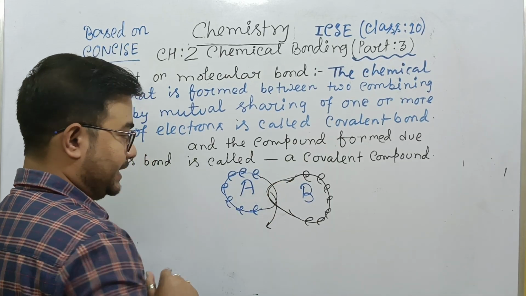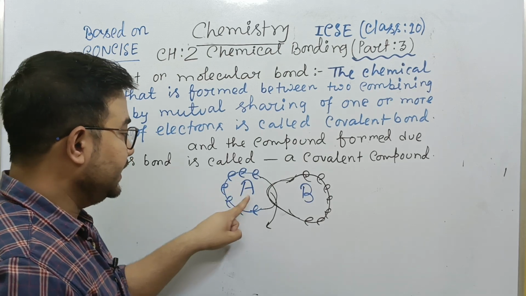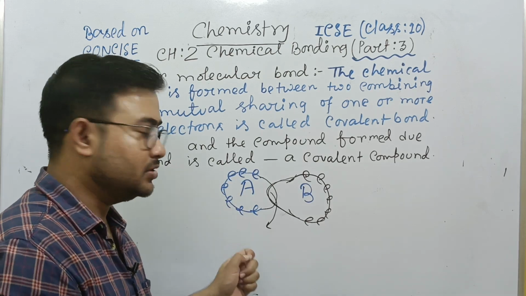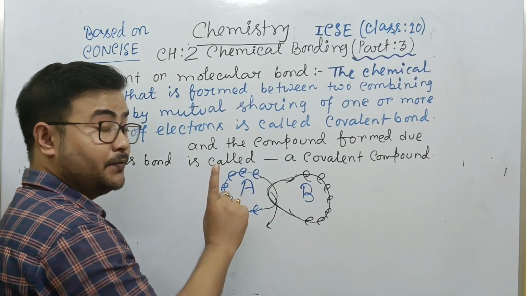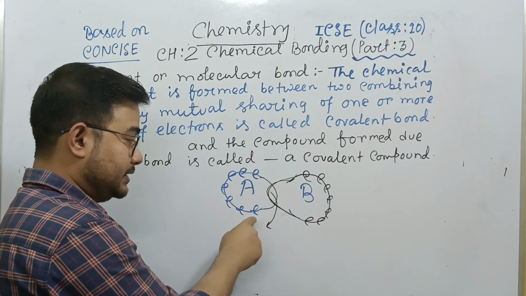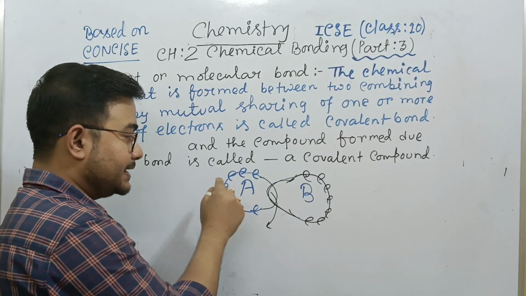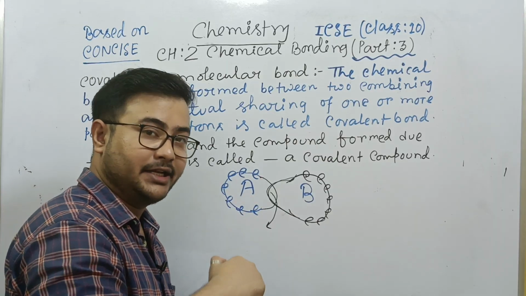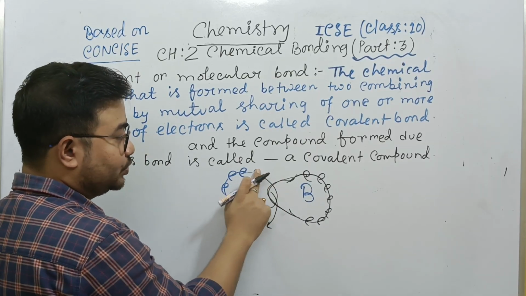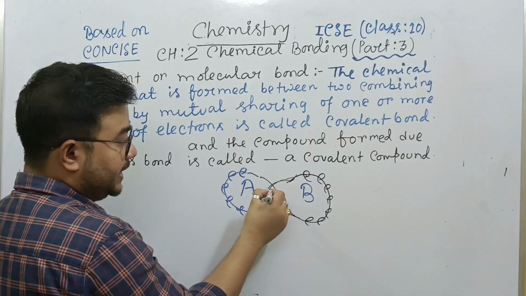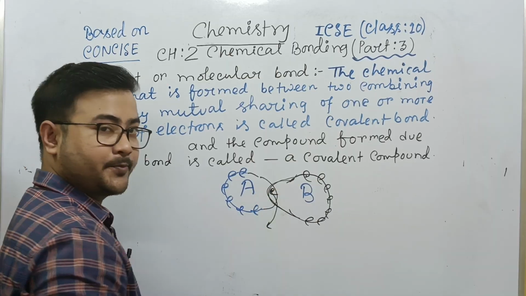In this space, in the case of A, how many electrons are required? Only 1. So A has a tendency to accept 1 electron, but instead of accepting 1 electron, A tries to give its electron into the common space.